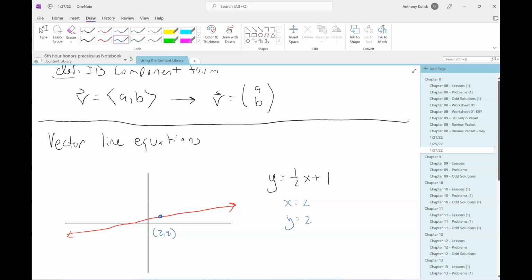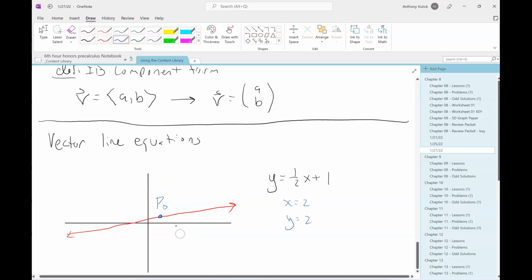So let's just pretend that instead of talking about the specific point 2, 2, we're just going to talk about some arbitrary point p naught. That's a p with a 0 as a subscript, or a letter O as a subscript. They look the same on your sheet of paper. We read that as p naught, N-O-T.